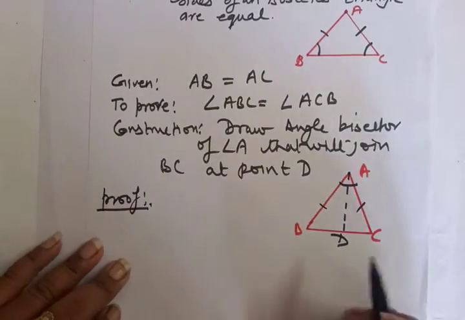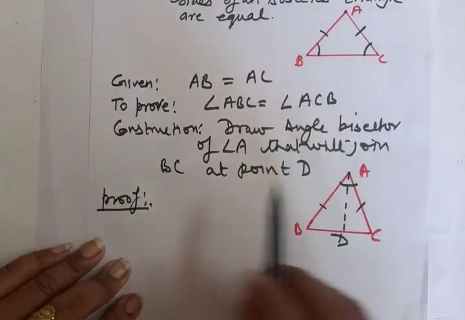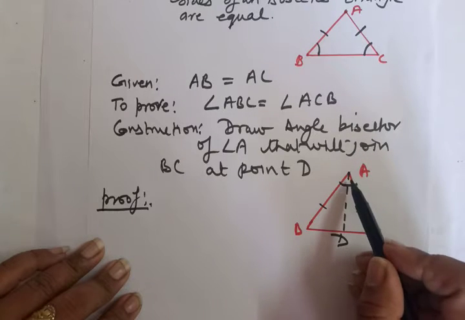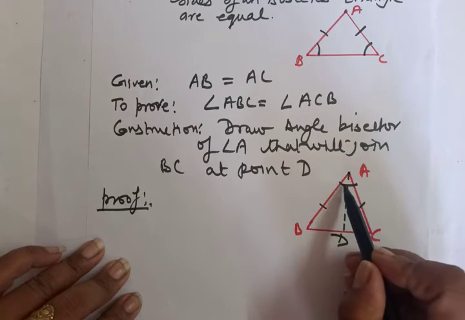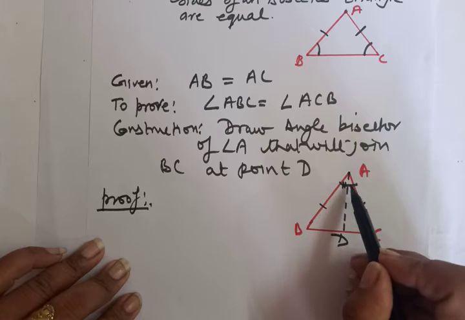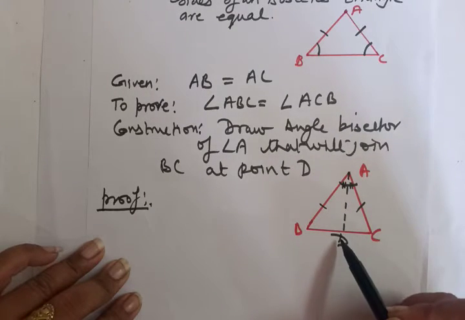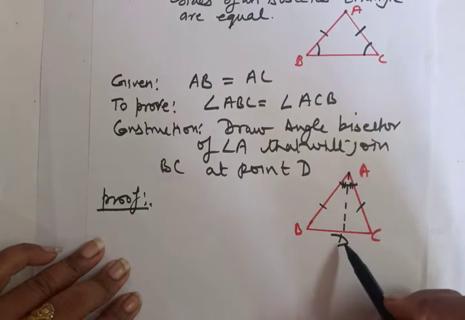Now, we have that AB is equal to AC. Since we have drawn our angle bisector, this angle is also equal to this angle, meaning angle BAD is equal to angle CAD.